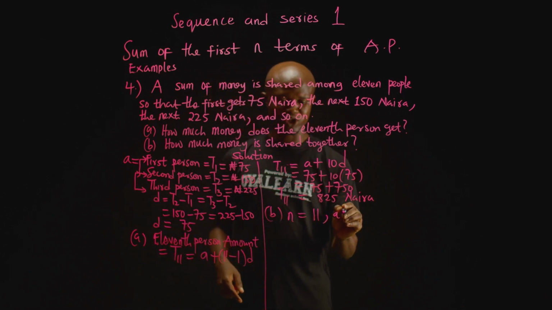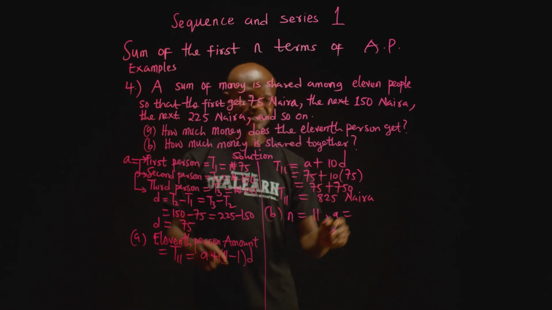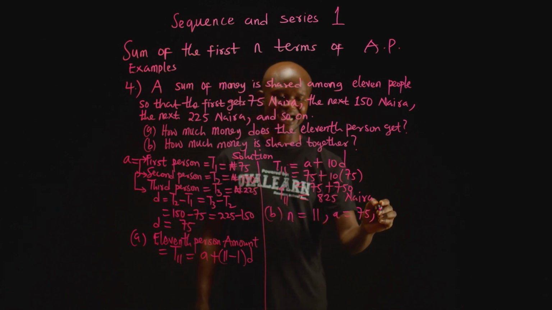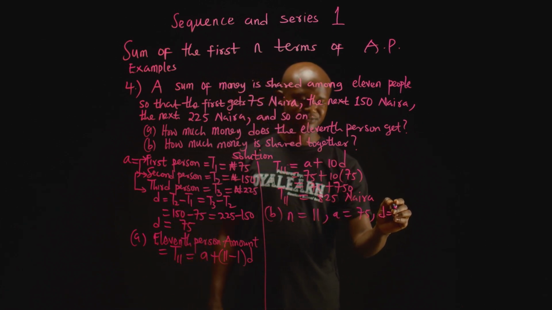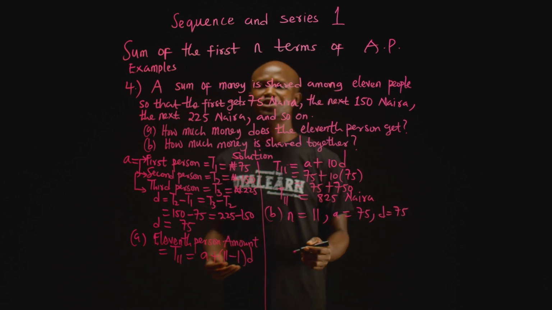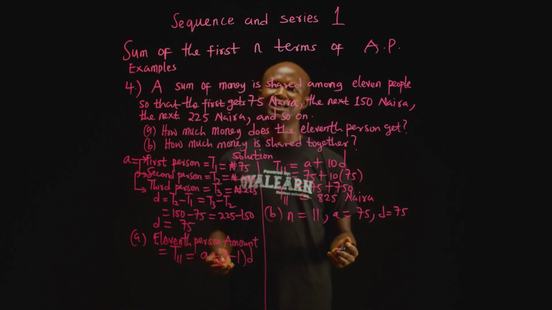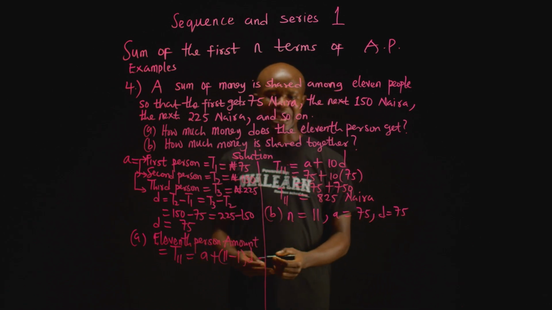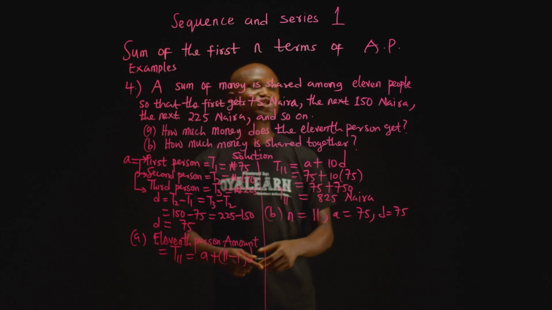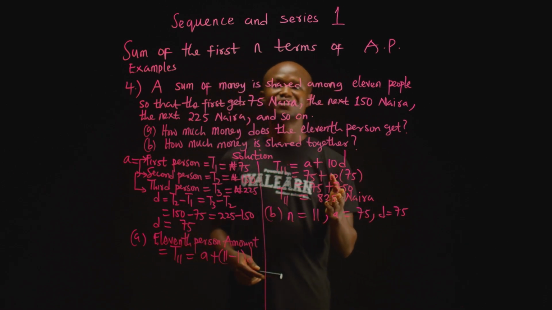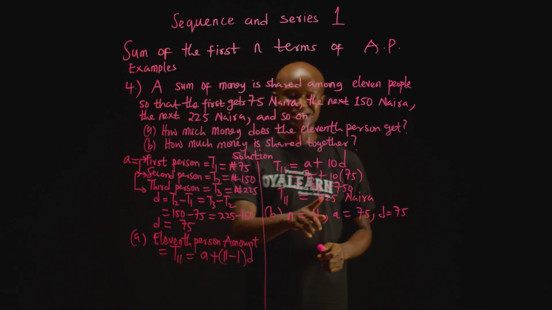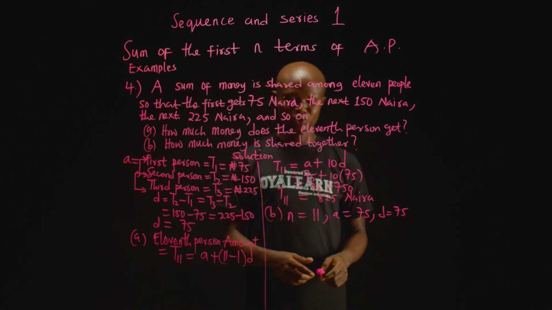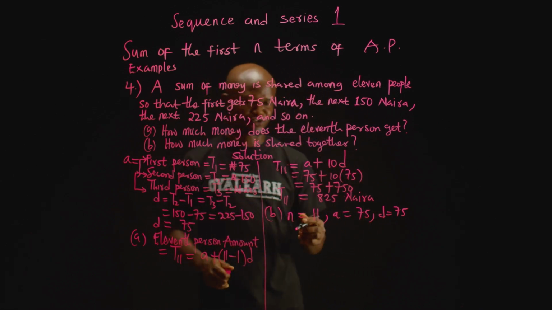And we know A to be 75, and D is also 75. So we can use the second formula because we have the parameters for it. We can also use the first formula because we know the last person's amount. But let me just use the second formula.